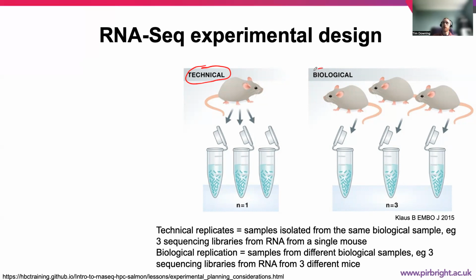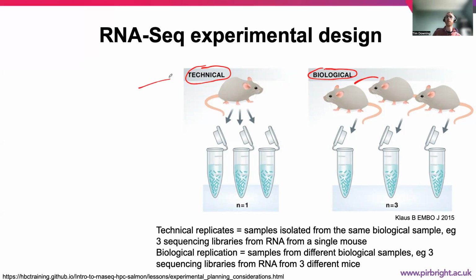In contrast, biological samples are different biological replicates, maybe sampling independent cultures, independent mice, independent hosts, and that provides more information relevant to RNA-seq analysis. So if we're looking at technical replicates, we'll find that they're nearly all uniform. There should be very limited variation. Whereas with biological replicates, we can capture the biological variability.